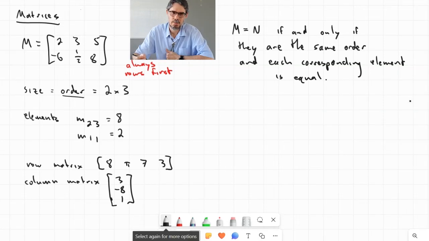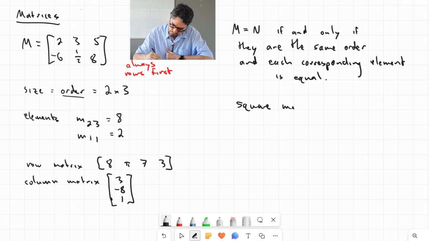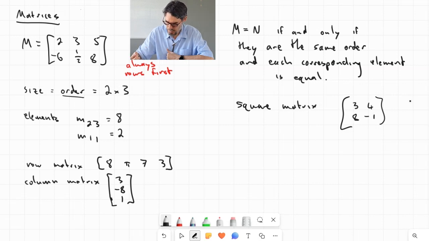Now, a few names for special kinds of matrices that we're going to see. A square matrix is just a matrix that has the same number of rows and columns. So this one is a 2 by 2 square matrix. You can get a 3 by 3 or a 4 by 4 or an 8 by 8 or however big you want it to be.